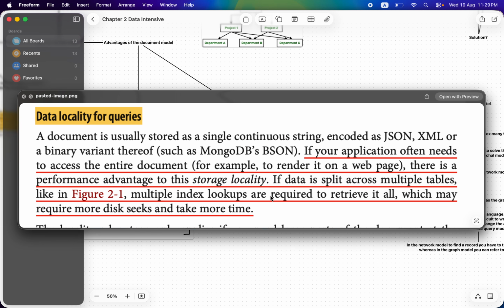So we don't really want to make multiple queries or joins to get that data. Also, we want it to load fast. So yeah, it mentioned that if your application often needs to access the entire document, for example, to render it on a web page, there is a performance advantage to this storage locality, because we don't have to make multiple queries. So it would be much faster to handle it with the document base.